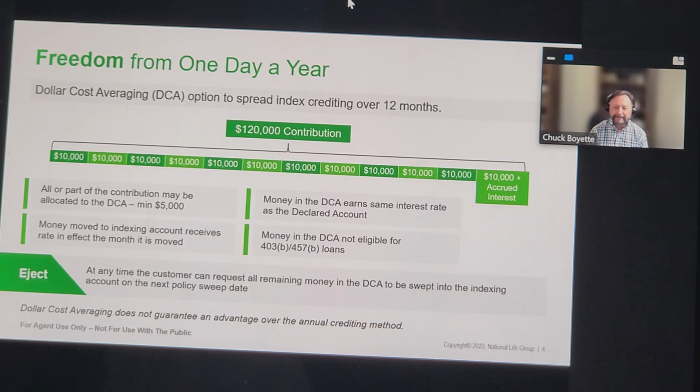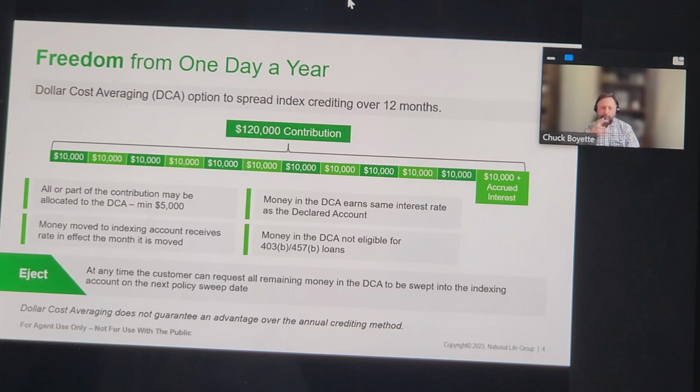Money in the dollar cost averaging account earns the same interest rate as in the declared account. So while the money is sitting in the dollar cost averaging account, it is going to earn interest. And then when it's time for that to go out into the crediting strategies every month, that money will be moved out monthly, and then they'll get however the index is performing, that credit.